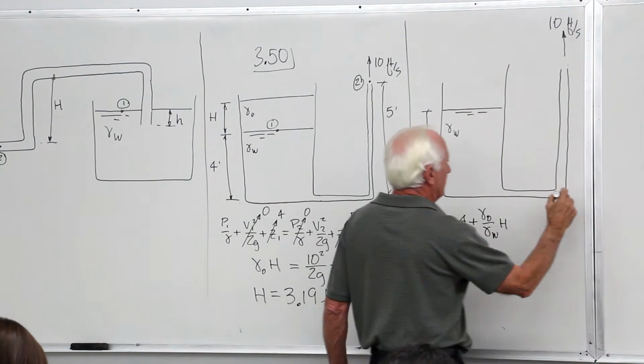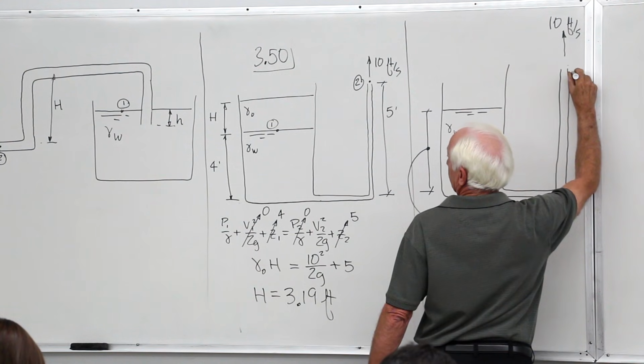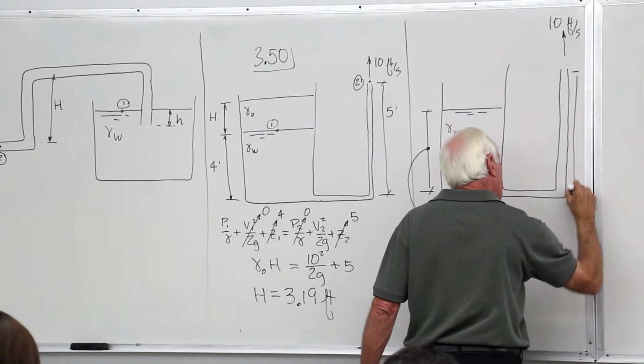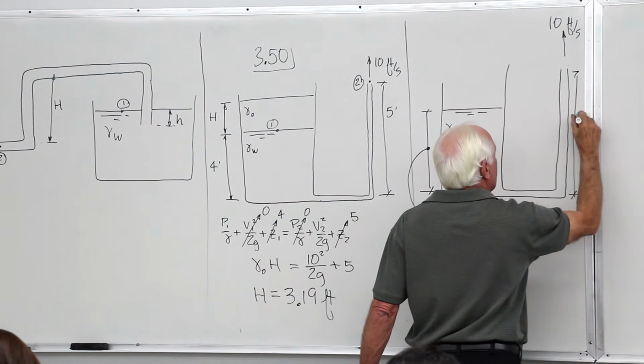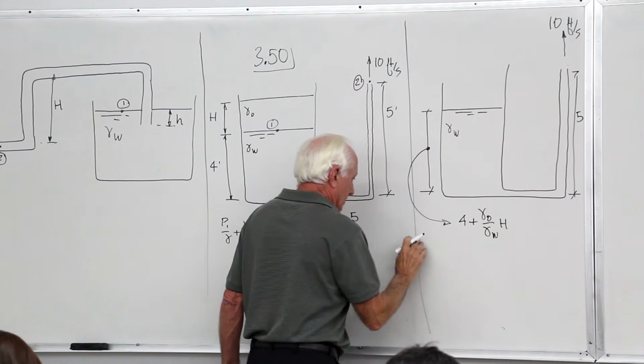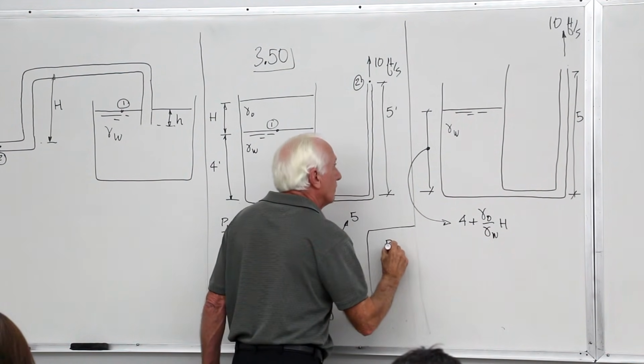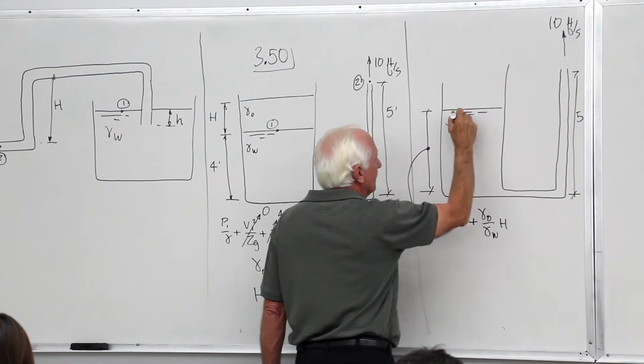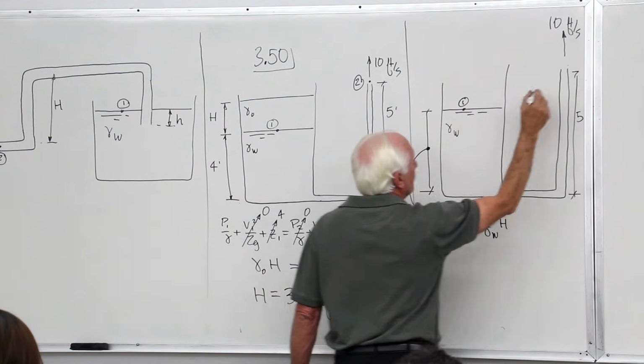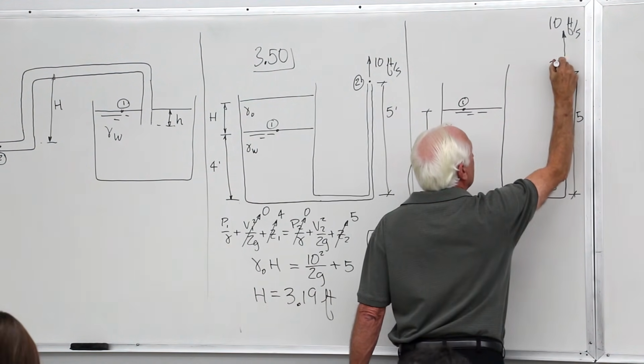This one up here is still 5, of course. Where's point 1 now? At the top of the water. Where's point 2? Just outside the jet.